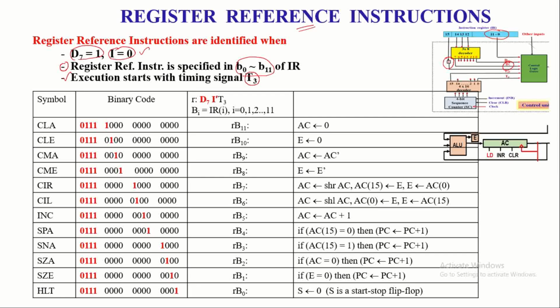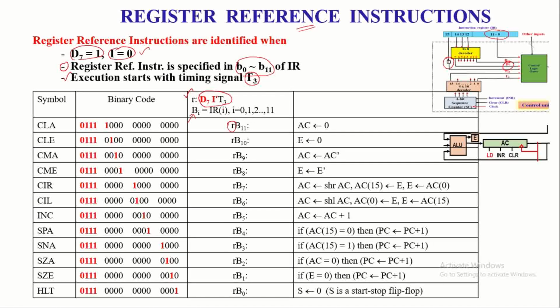Let us now discuss how these register reference instructions can be symbolically represented. The execution of the register reference instructions is symbolically indicated using the symbol R. And what operation it is going to perform also needs to be symbolically represented.